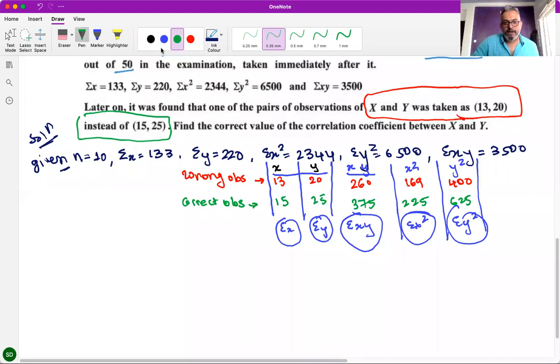So let's start one by one with correct sigma x is equal to wrong sigma x, 133, minus wrong observation 13 and correct observation is 15. So which is equal to 135.